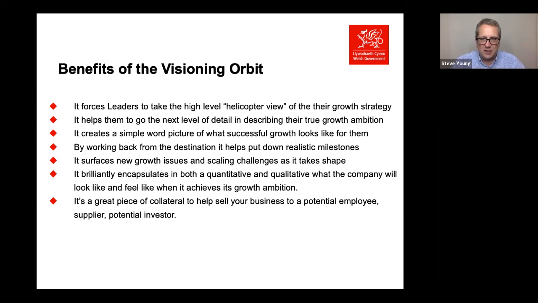I know when I joined our organization many years ago, I was recruited on an orbit diagram. The founder of our business, when he was telling me about why he wanted me to join, got out his orbit diagram, no word of a lie, and said, this is where we're going to grow, Steve. We're going to be there in 3 years' time. We're going to be here. These are the regions of the UK we're going to be working in.